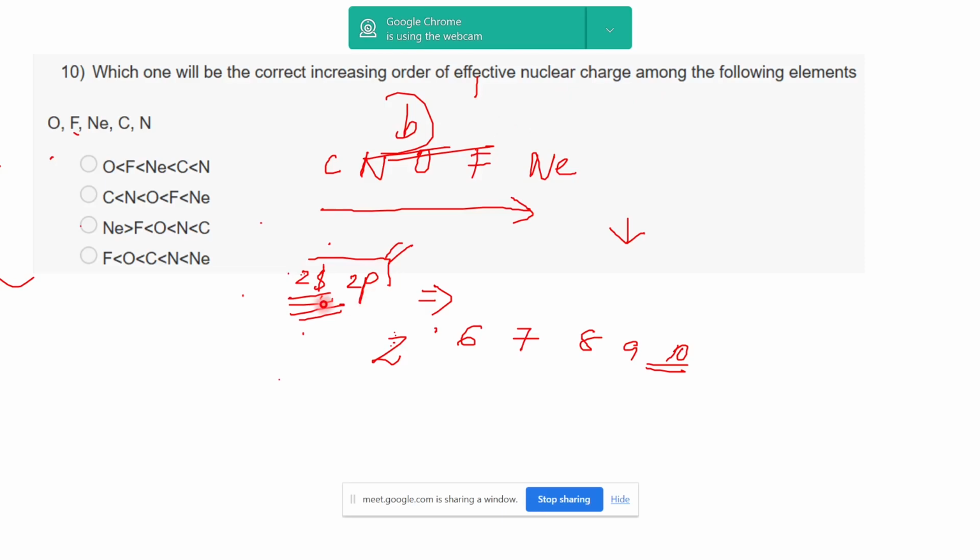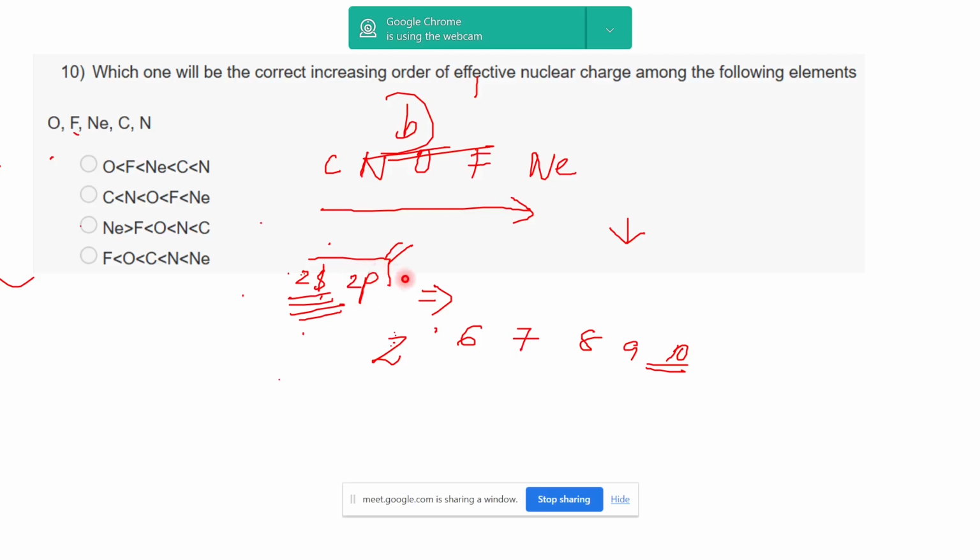Z star is also increasing in this way because Z is increasing, but the shielding is not increasing that much, because we are adding into the same shell. The number of electrons is increasing in the last shell, but the number of shells is not increasing, which means the shielding is not increasing that much. Whenever an electron is added, a small increase in shielding is there.